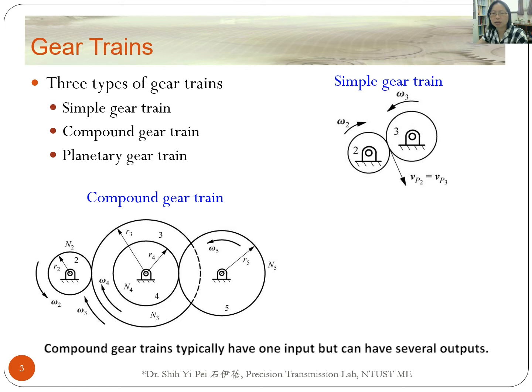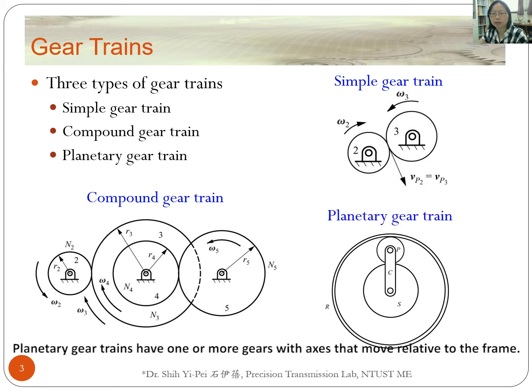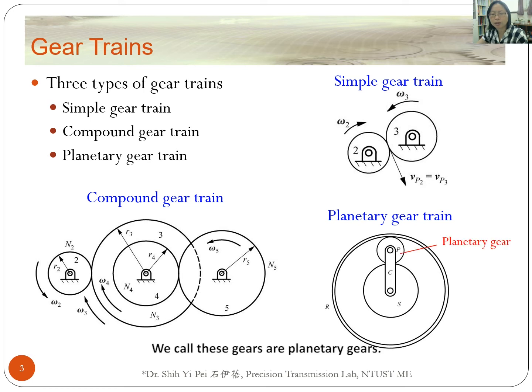Compound gear trains typically have one input but can have several outputs. The axis of each gear shaft is fixed to the frame. Planetary gear trains have one or more gears with axes that move relative to the frame. We call these gears planetary gears.